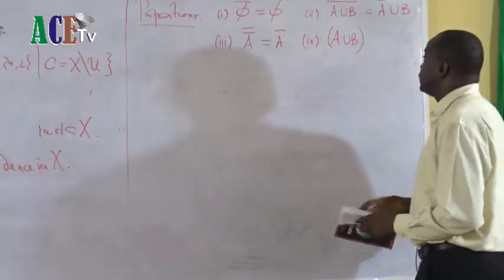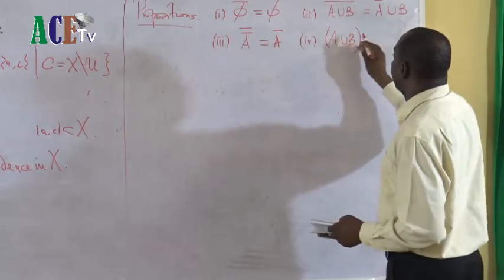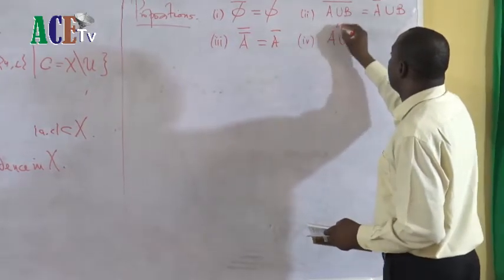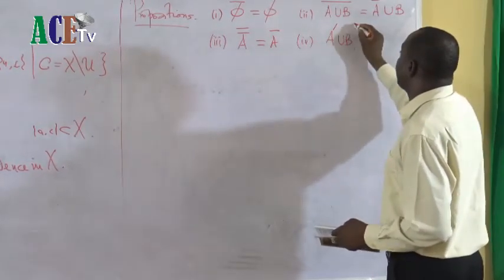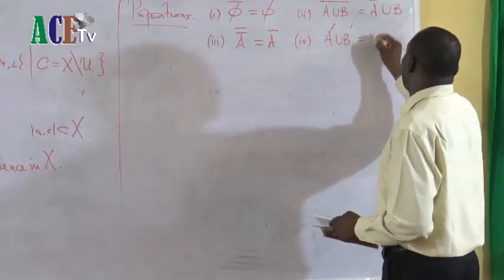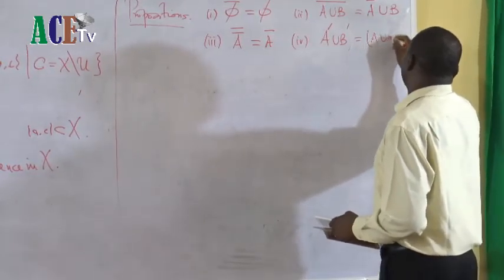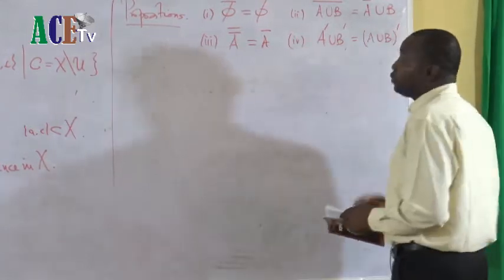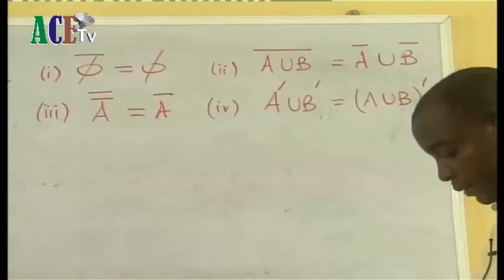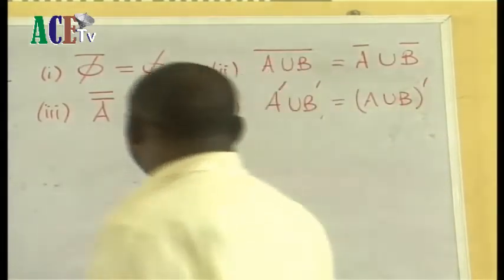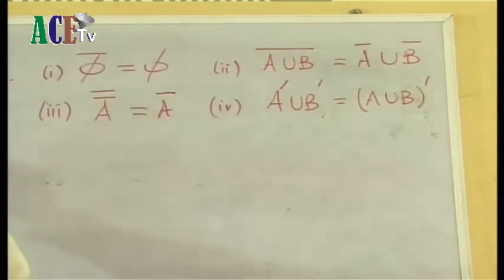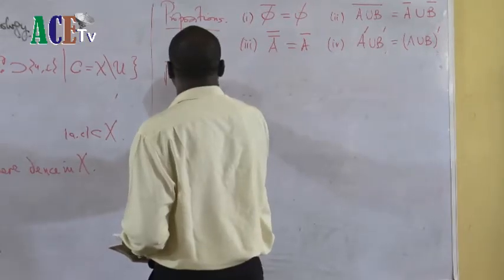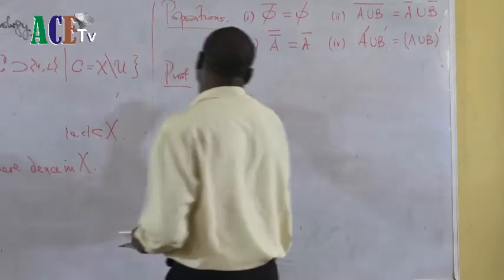Can we say that the union of two derived sets will give us the derived set of the union of two sets? Can we make these claims? So let us prove these propositions.